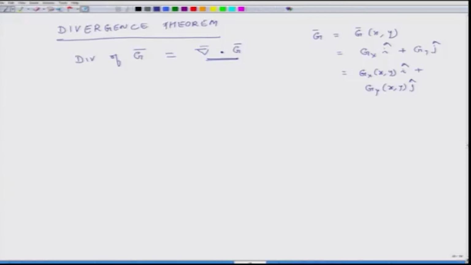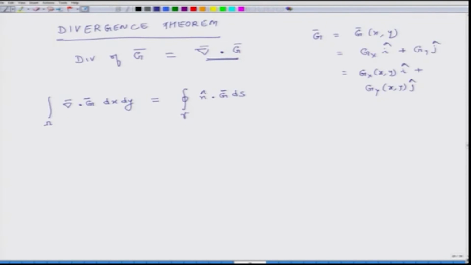So, what the divergence theorem says is that divergence of G, when I integrate it over the domain, is nothing but the line integral or closed integral of the unit vector on the boundary times G ds.